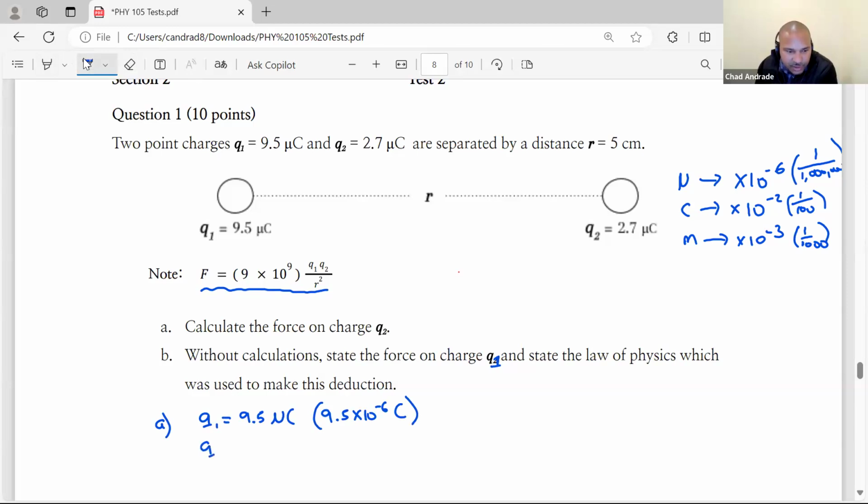Q2 equals 2.7 microcoulombs. And really that's 2.7 times 10 to the minus 6 coulombs. So it's 2.7 divided by 1 million, right? So it's 2.7 1/1,000,000th of a coulomb, right?